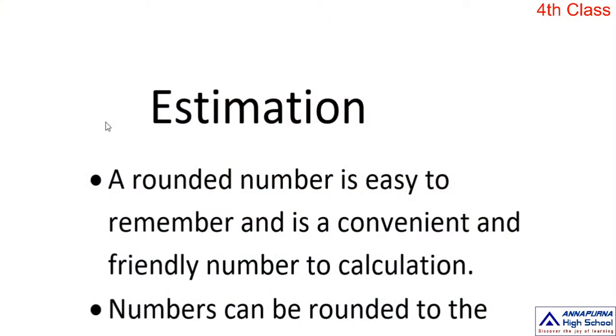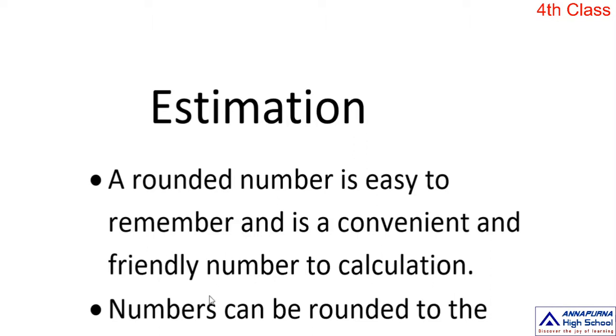Estimation. So children, a rounded number is easy to remember. If we remember 117, that kind of number is fine, but 1236 is very difficult. Instead of that, if you remember 1000, 2000, 7000, 300, 10, 70, these kinds of rounded numbers are very easy to remember.